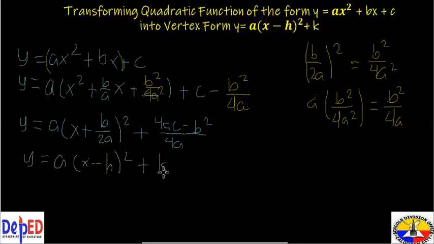So we can say that h, based from the derived form, h is equal to negative b all over 2a, and k is equal to 4ac minus b squared all over 4a.